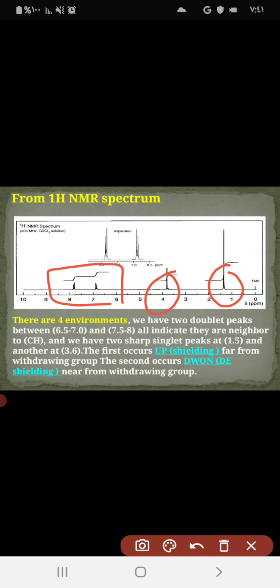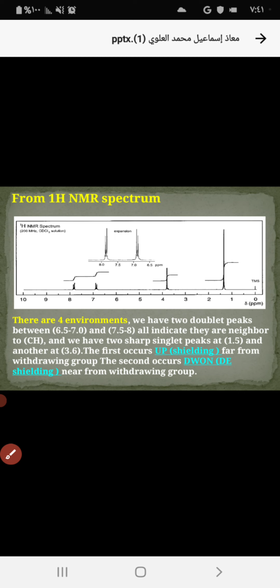What does shielding mean? It means it is far from the withdrawing group, close to the TMS, to the 0. The second occurs downfield, which is deshielding. Deshielding means far from the TMS, near to the withdrawing group in this position. Okay, so we can complete the analysis of the HNMR.